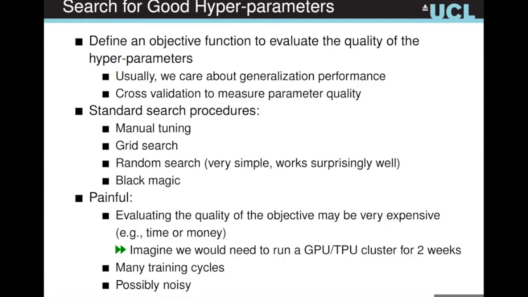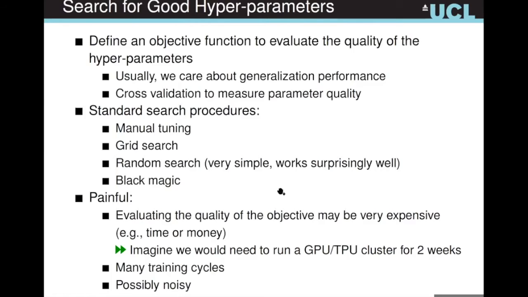It would require a lot of training cycles, and our results would possibly be noisy because of the stochasticity of the optimization problem. But the other thing is that even if we have a fully deterministic optimizer, we may only be able to observe noisy measurements of the quality of our hyperparameters.